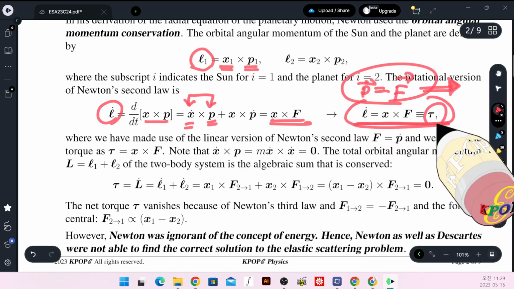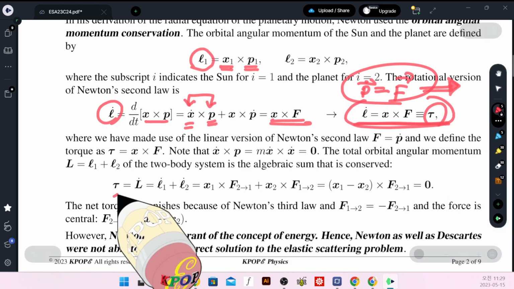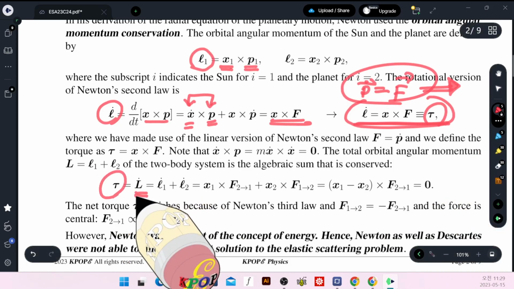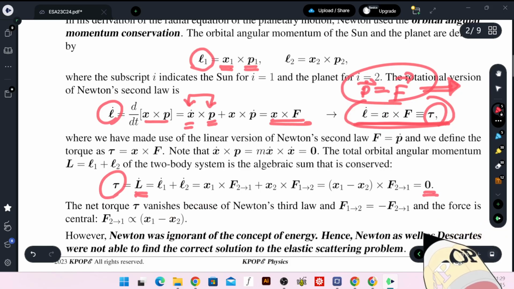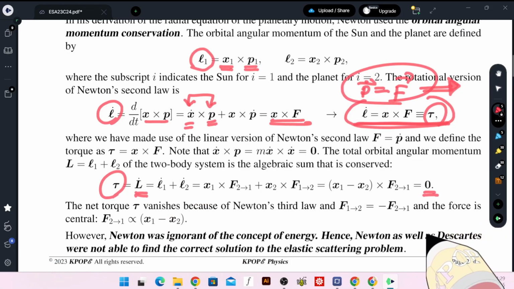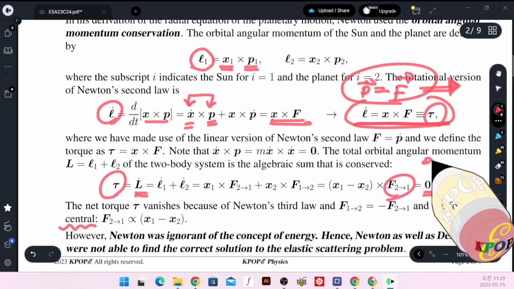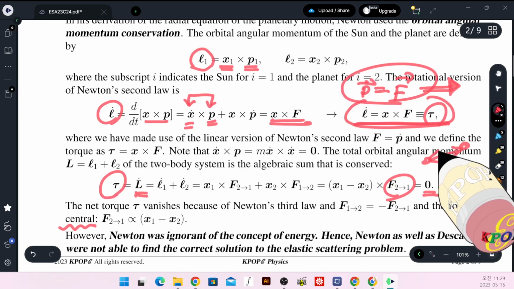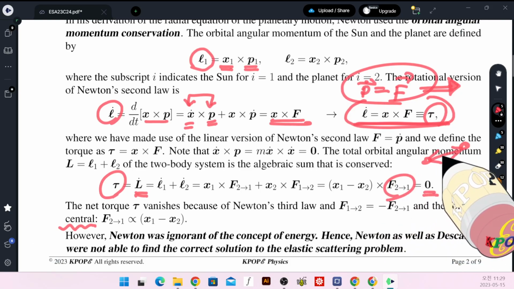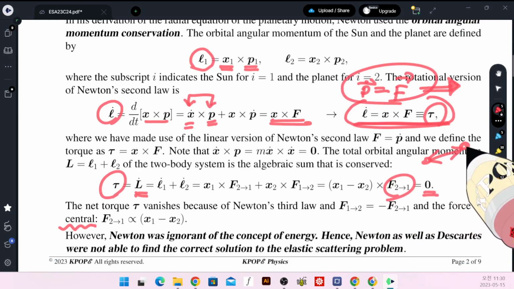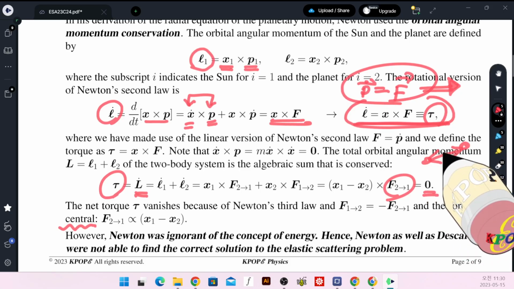This rotational version of Newton's second law will result in the conservation of the total orbital angular momentum as long as the force is central. Central means the force between two objects is parallel to the direction connecting the two particles.